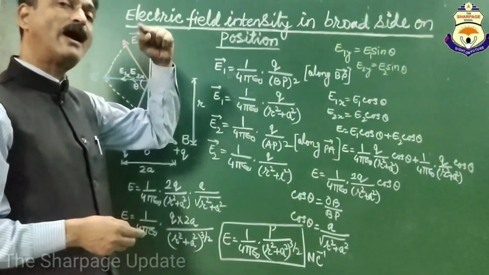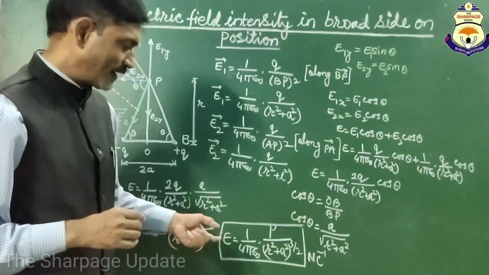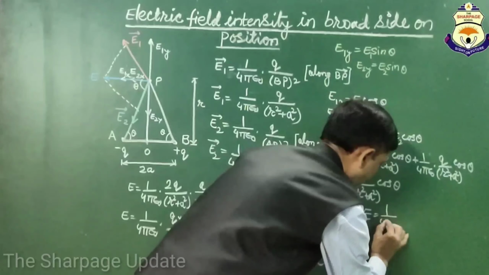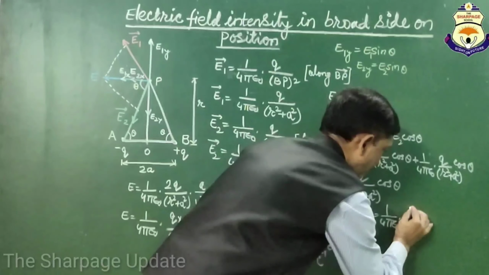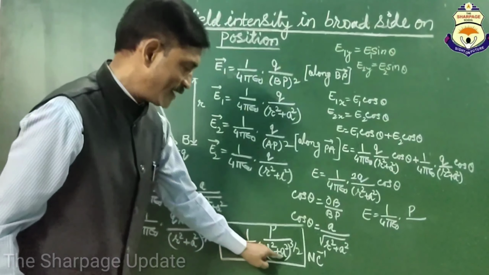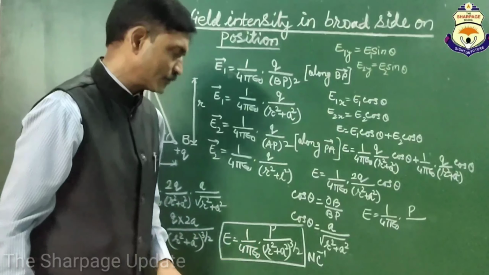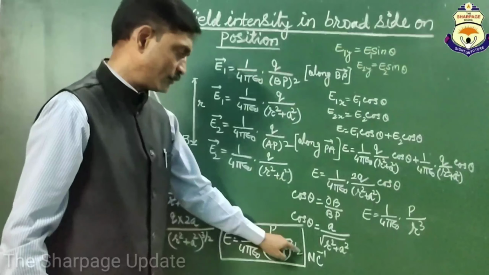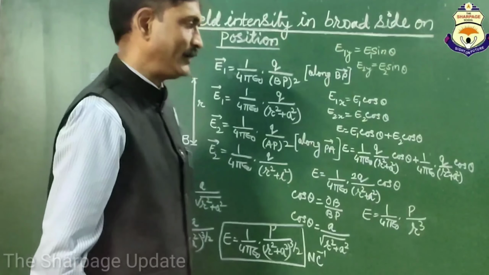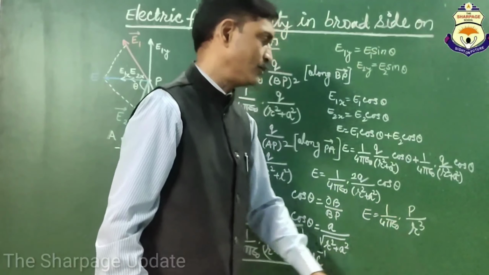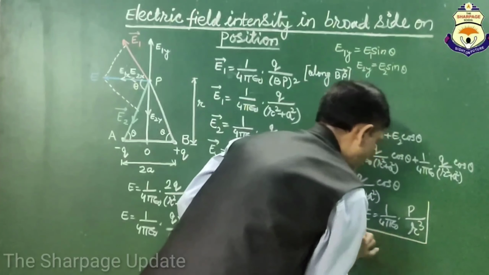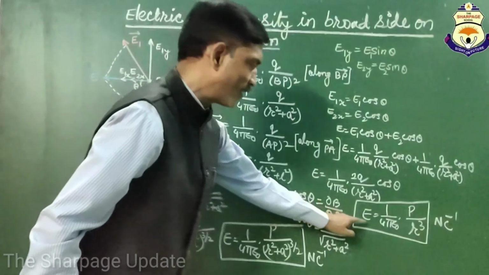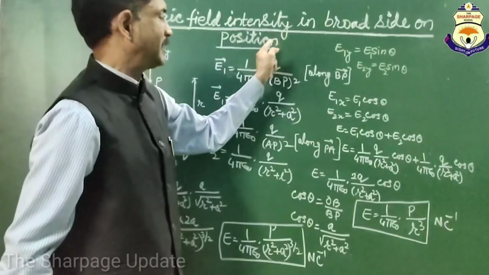So the final relation for electric field intensity can be written as E equal to 1 upon 4 pi epsilon 0 into P divided by, if a square is neglected as compared to r square, r cube, because r square power 3 upon 2 gives r cube. E equals 1 upon 4 pi epsilon 0 into P upon r cube, and the SI unit of electric field intensity is Newton per Coulomb.